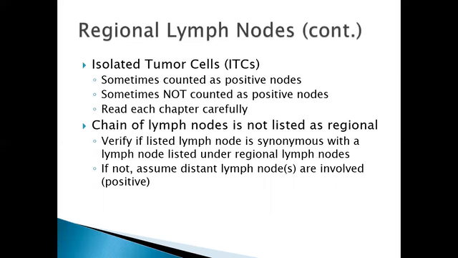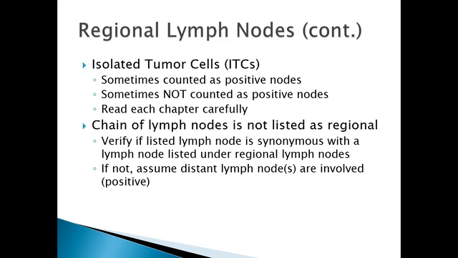Now, the isolated tumor cells, or the ITCs, are sometimes counted as positive nodes. Isolated tumor cells are found in the regional lymph nodes. And sometimes for certain sites, if there are ITCs in the lymph nodes, they're counted as positive.